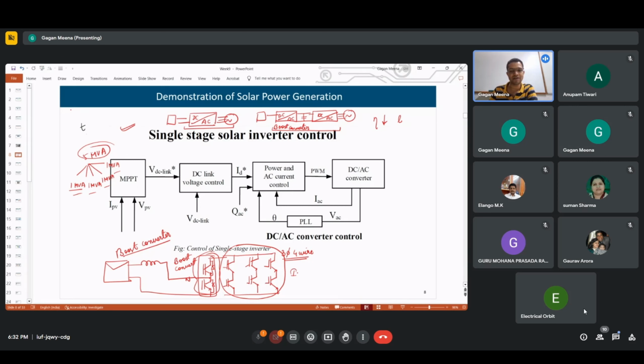This cable is connected to the PC. So we can dump the code written in MATLAB onto this DSP. The control logic is written in MATLAB on this PC, and that is dumped onto this DSP processor. Is it clear?